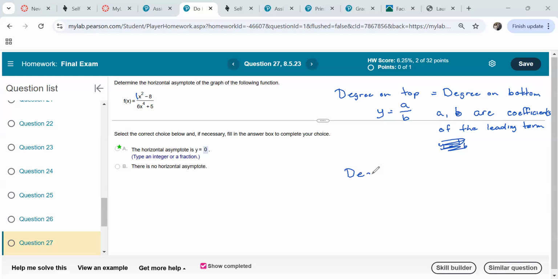We have another thing that could happen, degree on top is less than degree on the bottom. In that case, we have a horizontal asymptote, it's just y equals 0. Then our last case was that degree on top is greater than the degree on bottom.